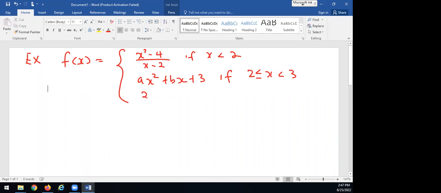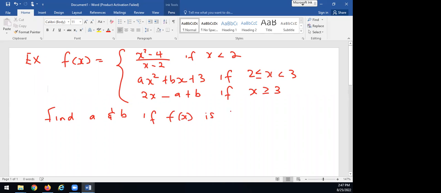And then finally 2x minus a plus b if x is greater than or equal to 3. And you're told to find a and b if f of x is continuous everywhere.